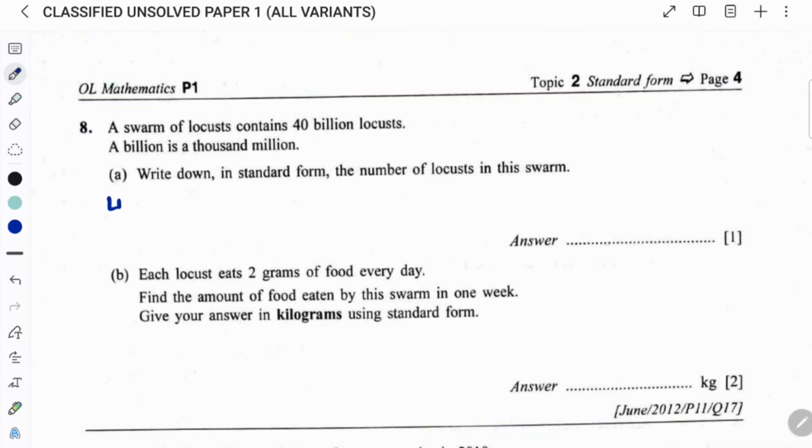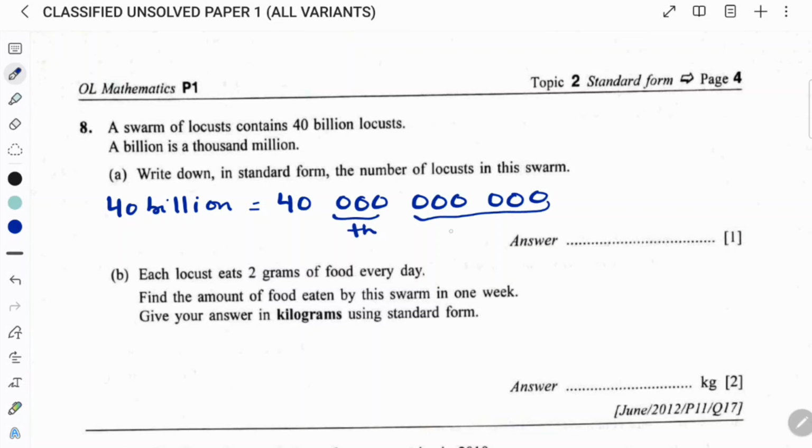So we have to write 40 billion in standard form. 1 billion is 1,000 millions, and for million we put 6 zeros. So altogether we can write 4.0 into 10 to the power of 10.